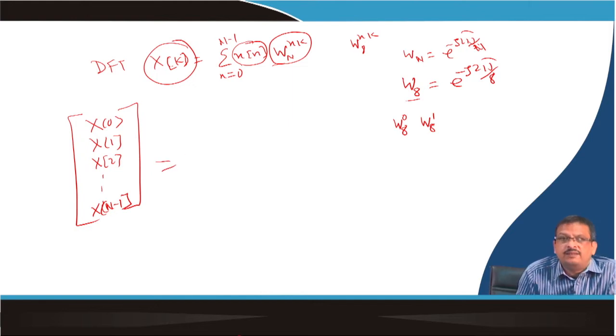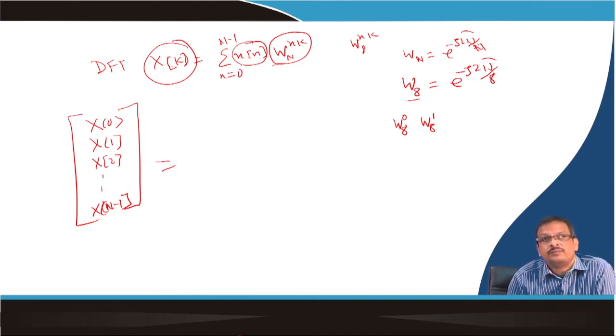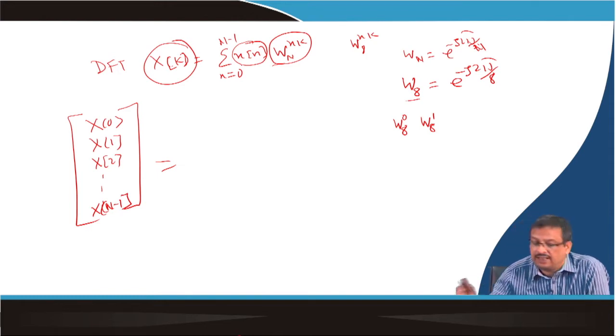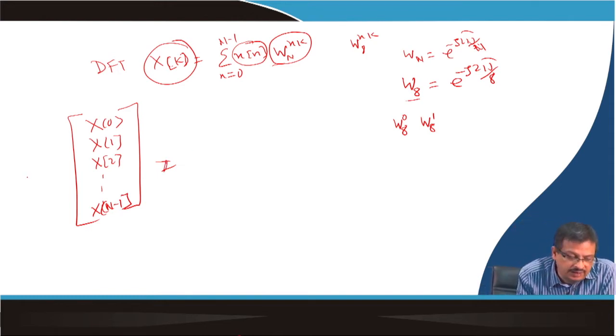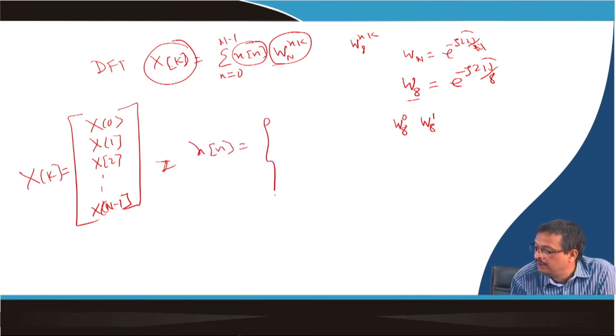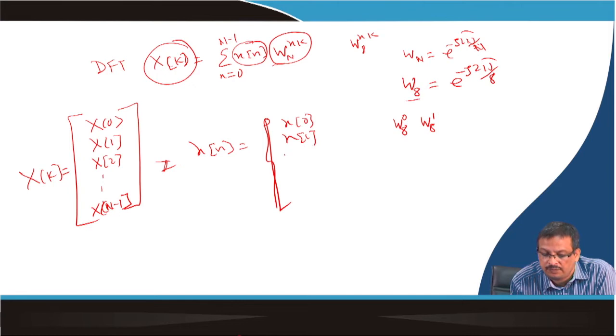What is x of n? x of n is also a signal. So x of n in matrix form is x0, x1, x2, up to x of N minus 1.